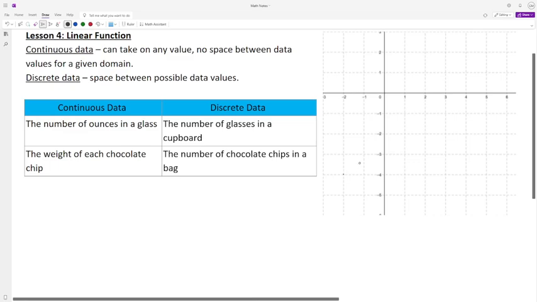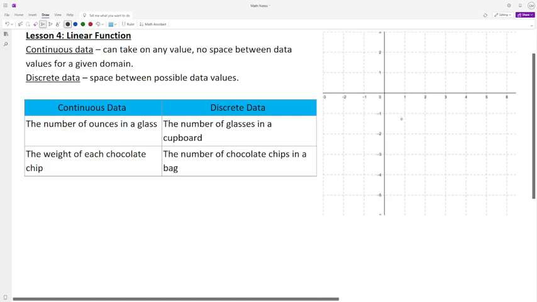We're not going to have dots like this. We're not going to have steps like this. It's going to be a straight line, continuous data. That wasn't super straight, but a straight line.